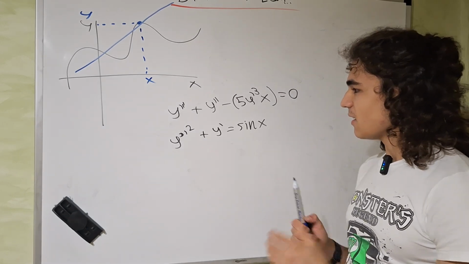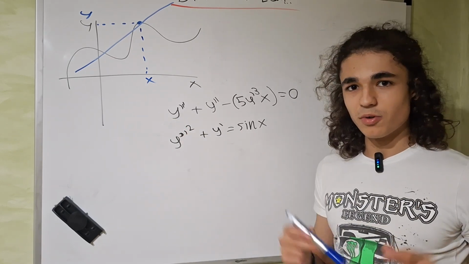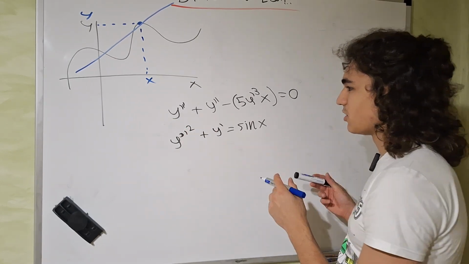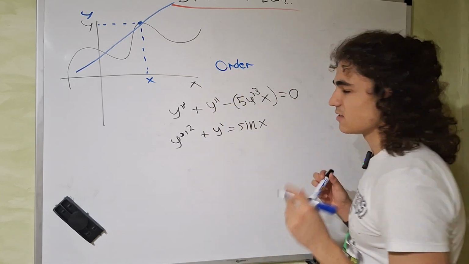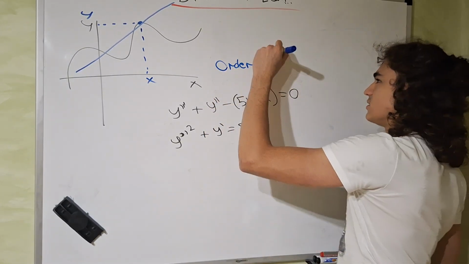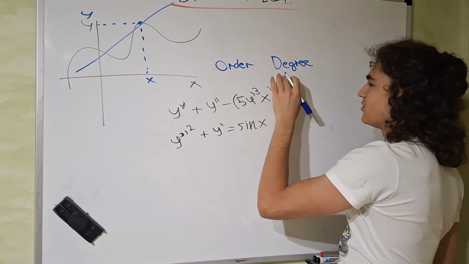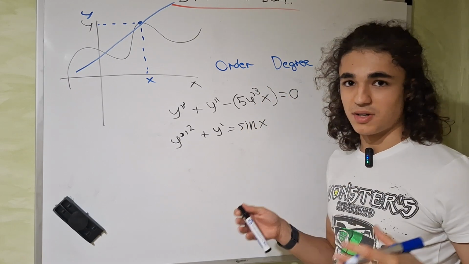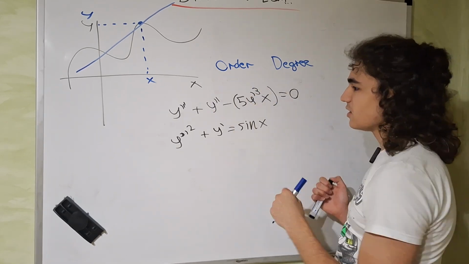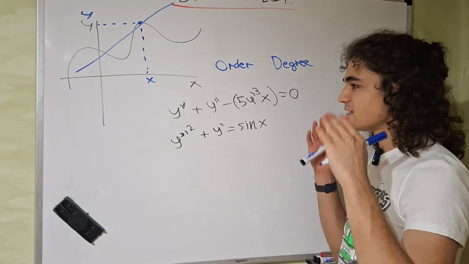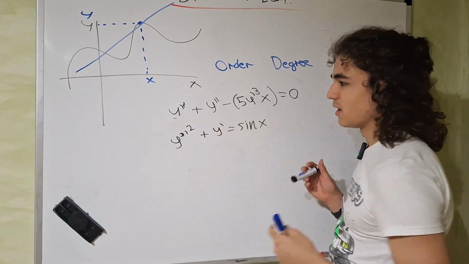So there is something called the order of a differential equation, and something called a degree. The degree is like the degree in normal equations, but for differential equations. The order of a differential equation is the highest order derivative appearing in the equation.